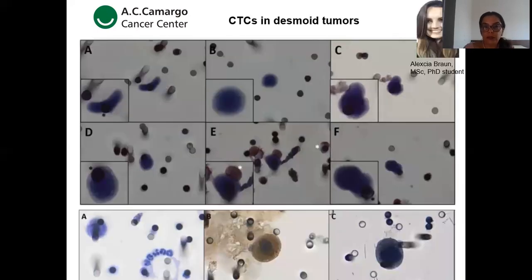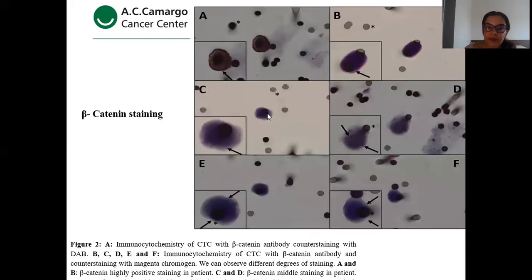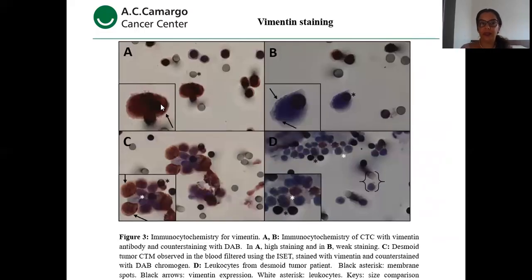Then we included 18 patients with desmoid tumors, and we found circulating tumor cells in their blood with ISET with different shapes and with different degrees of beta-catenin staining and different degrees of vimentin staining. We also found clusters of circulating tumor cells expressing and not expressing vimentin.